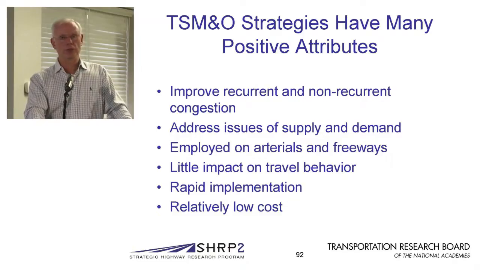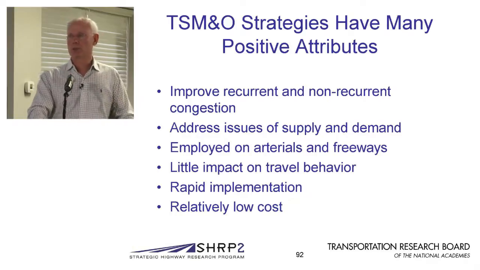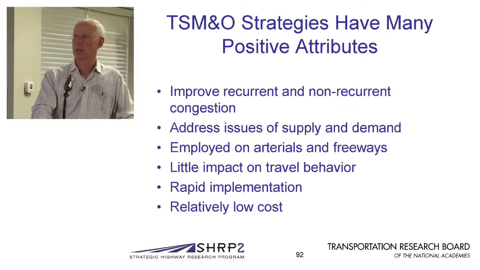Most strategies address supply, but some also address demand, trying to either reduce demand during periods of incidents or get more people using public transportation and reducing the vehicle demand.